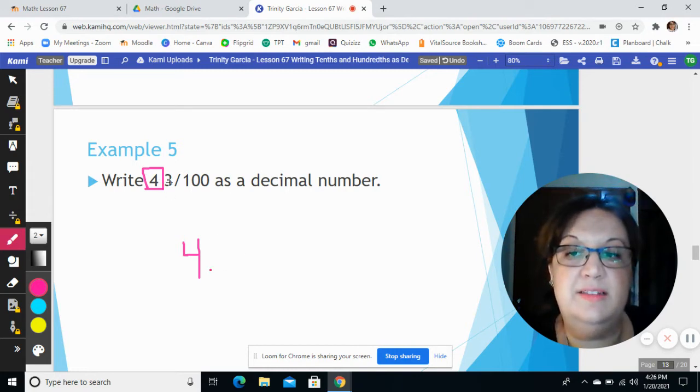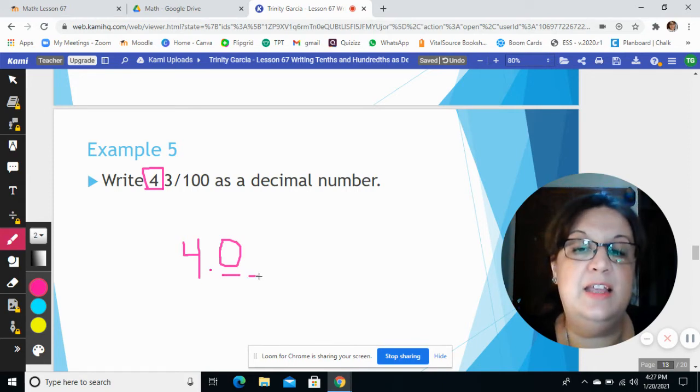Now it tells us 3/100ths. Well, if we put 3 right here by itself, we wouldn't know what's going on, and it would not be right. So we need to add a 0 here to hold that tens space because we're talking about hundredths. And then we're going to add our 3 into the hundredths space.